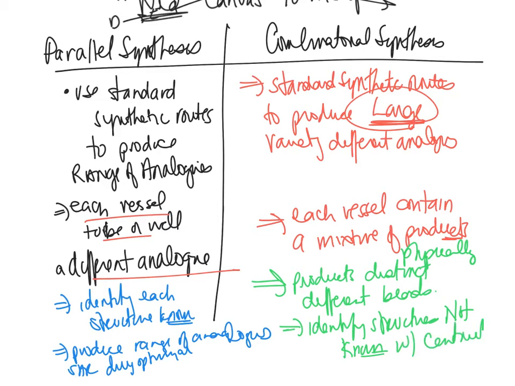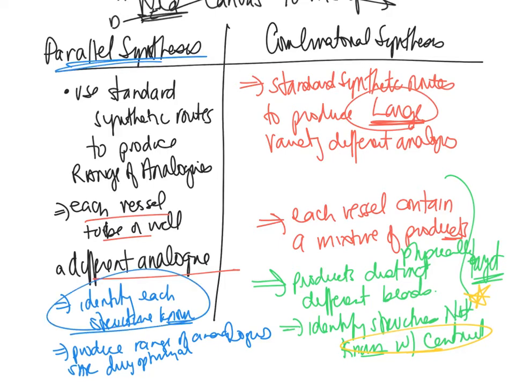So a lot of times you're interacting with the target, and when you have activity, then you will identify the structure. So you look for the identity afterwards. When you're doing parallel synthesis, you already know exactly what structure is in each well, and you're going after that.